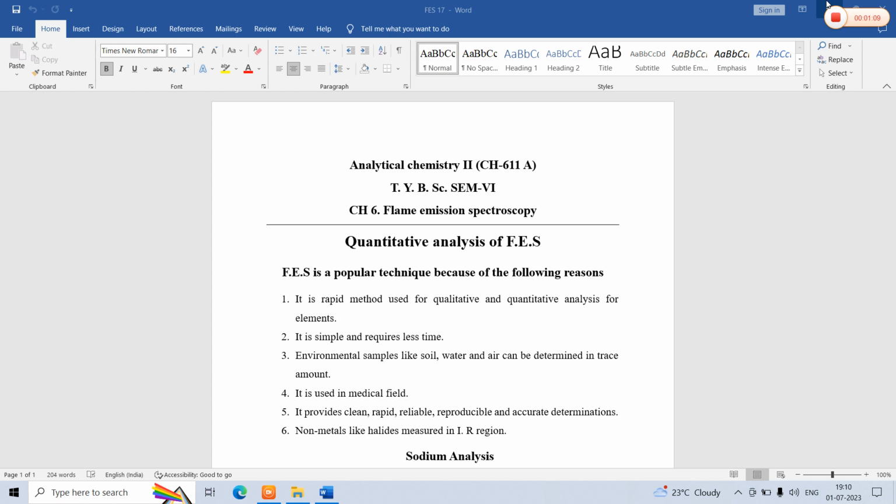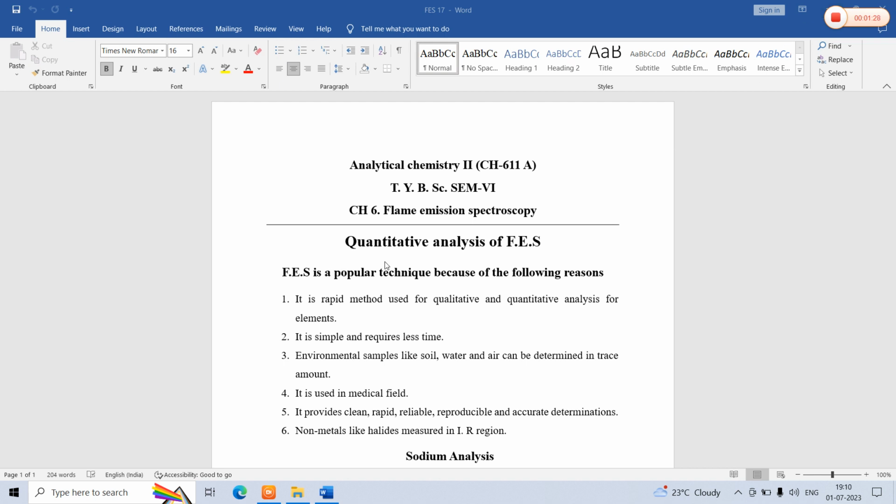The intensity of the wavelength gives the information about how much quantity of the element is present, which is quantitative analysis.